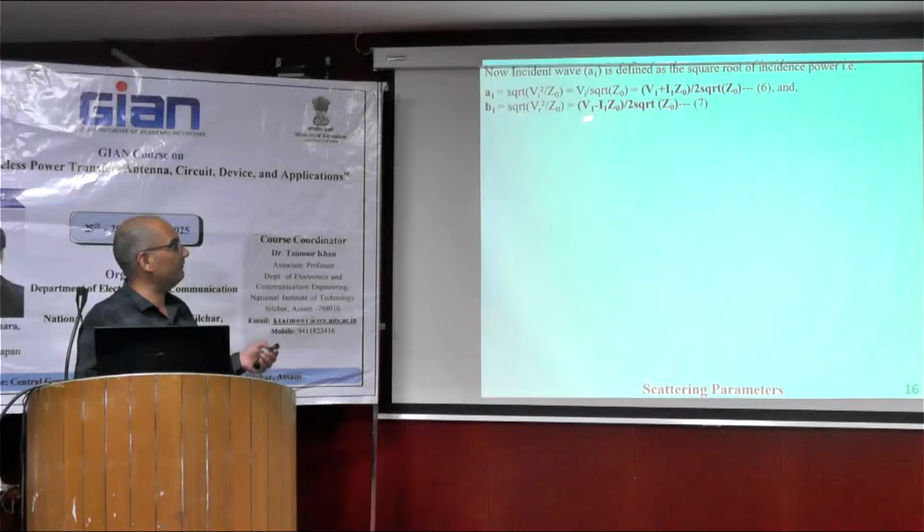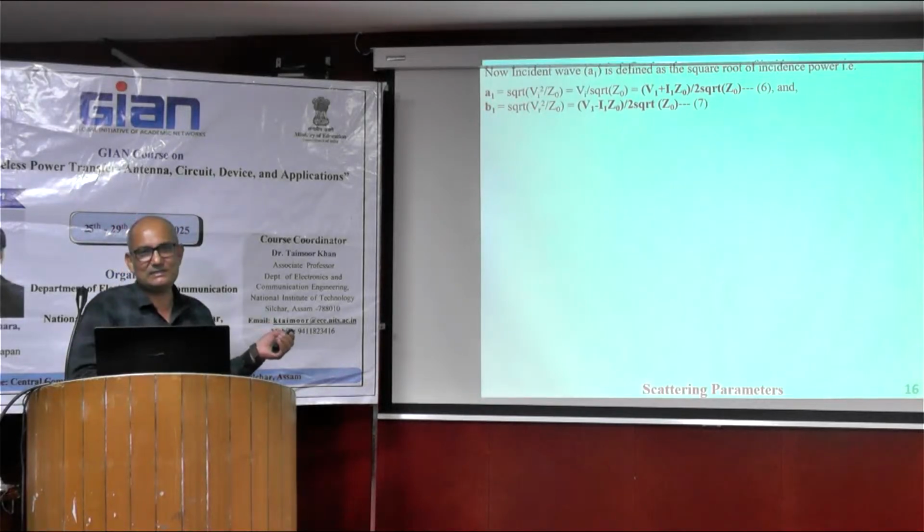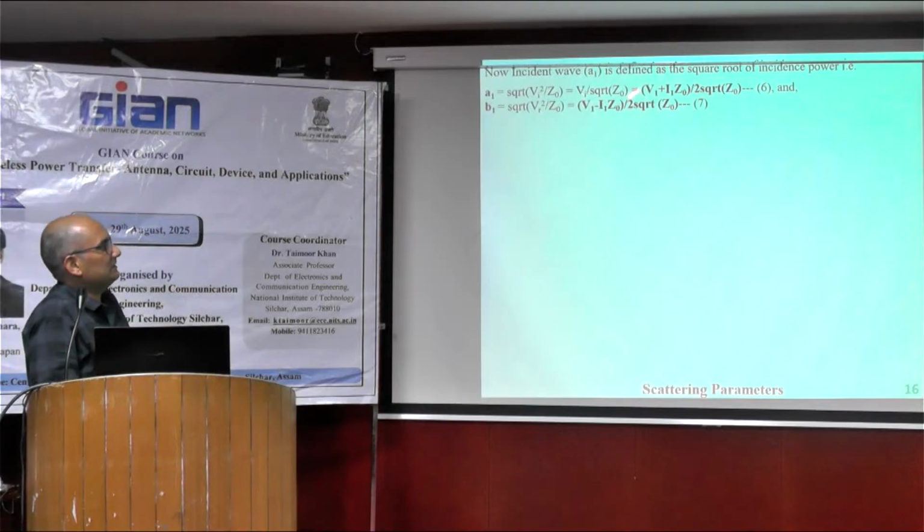Then if you take the square root of that quantity, you get the incidence. Because Vi you have already calculated, you put this value here, then you will get A1 equal to this and B1 equal to this.